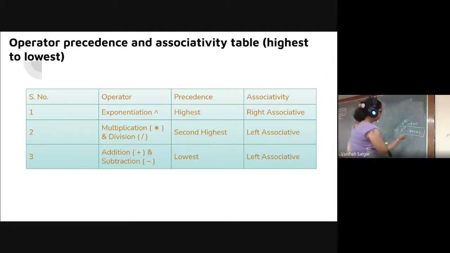So it will be exponential b 2, then 4 into a, so 4a, then again into c, and of course minus.